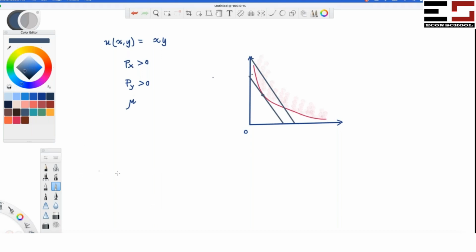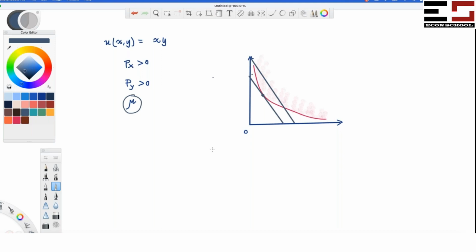At this particular point, the slope of the iso cost curve is exactly equal to the slope of the indifference curve which corresponds to mu level of satisfaction, which can also be thought of as the boundary of the constraint set. So all you have to do is figure out the slope of the indifference curve at this point.